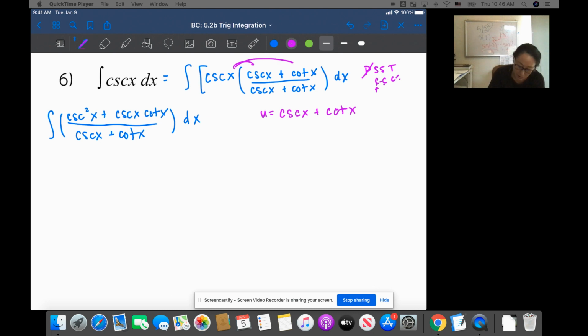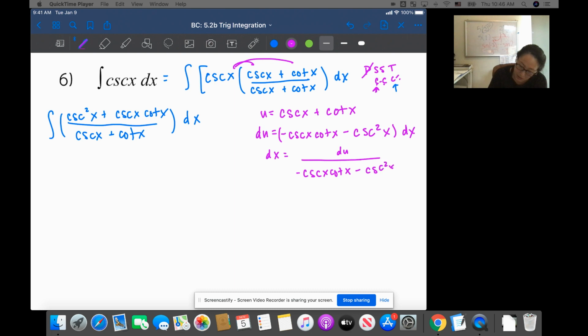That's just how I use that. So I have du is equal to, okay, so the derivative of cosecant is negative cosecant x cotangent x, and then the derivative of cotangent, which would be that c, is negative cosecant squared. So minus cosecant squared x dx. All right, so dx is equal to du over negative cosecant x cotangent x minus cosecant squared x.